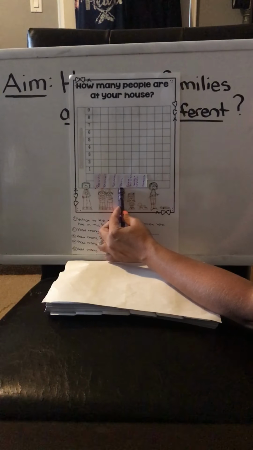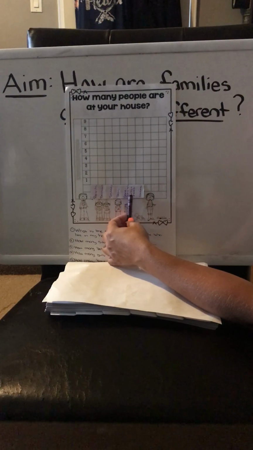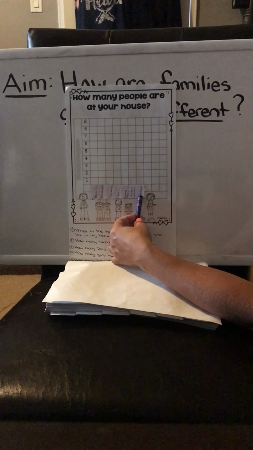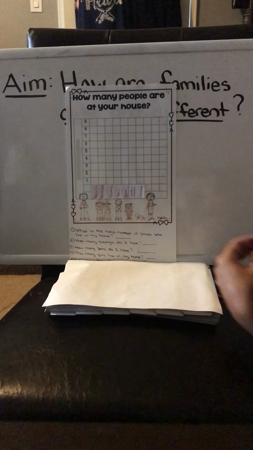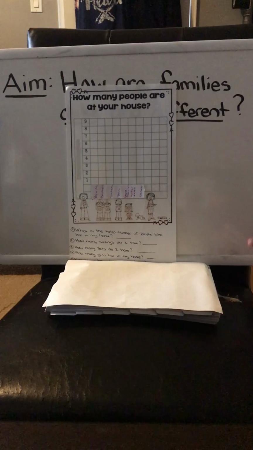So we did include that on our graph. We have grandparents, right? We have aunts and uncles. We have cousins. Okay, so we did say sometimes parents, brothers and sisters are our immediate family. And perhaps grandparents, aunts, uncles, cousins are our extended family.